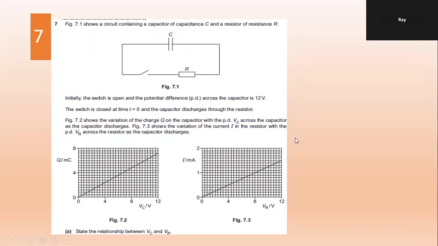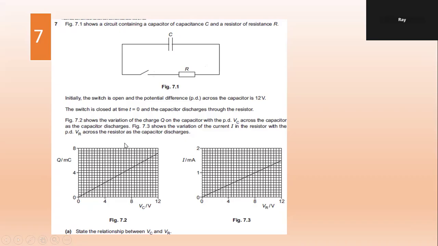Okay, we have completed this part. I give you 2 graphs. There's a potential difference across here of 12 volt. And there's a resistor, there's a capacitor, then you close the switch.